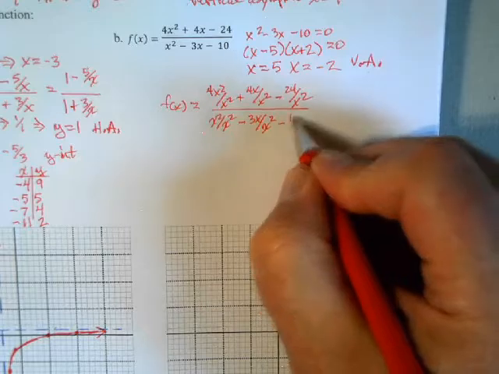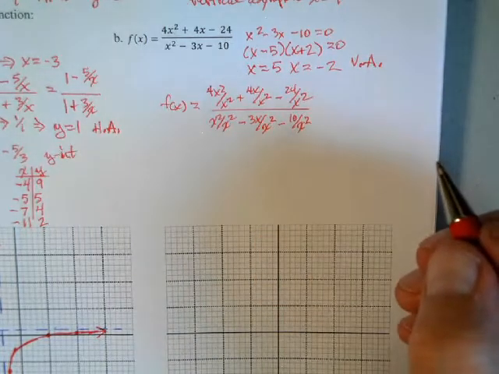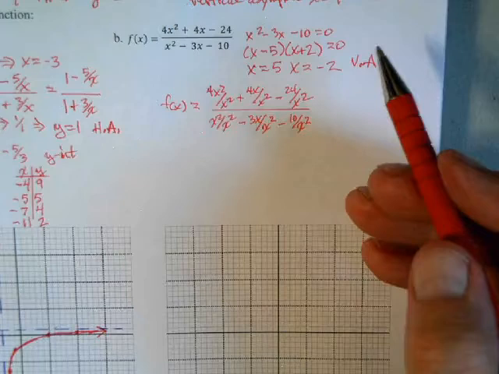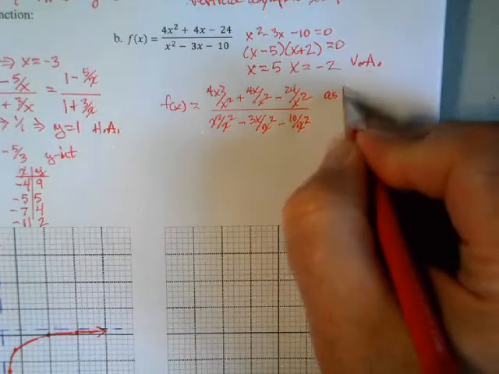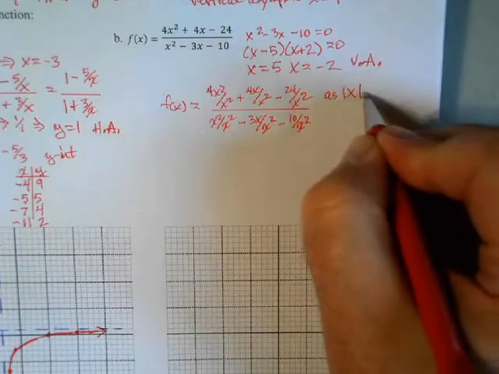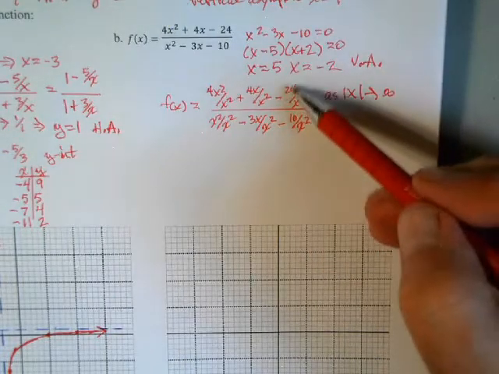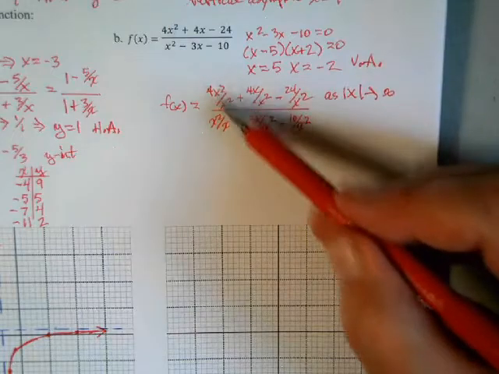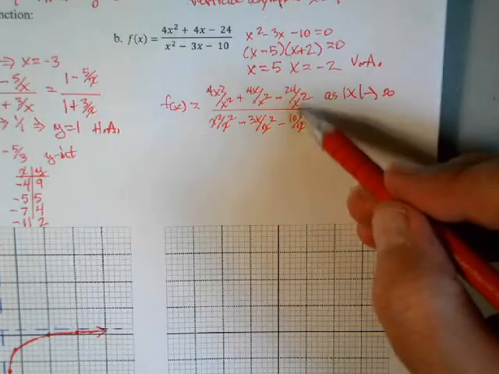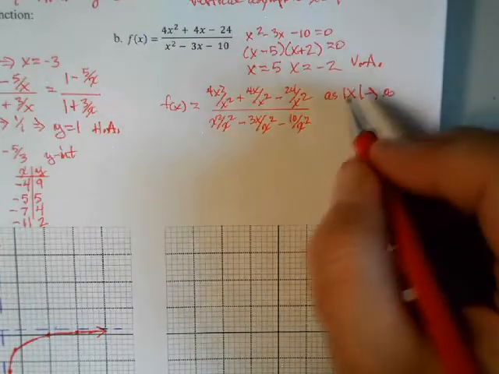Now, as x goes to infinity, all the terms that do not have the same x squared on top and bottom will cancel, they're going to become insignificant. They're going to go towards 0. So all that's going to leave me with is f of x is basically going to go towards 4.